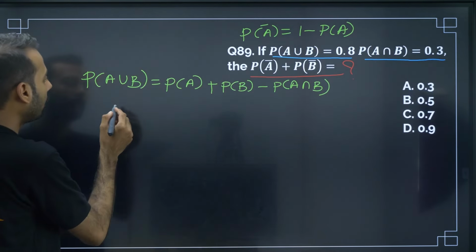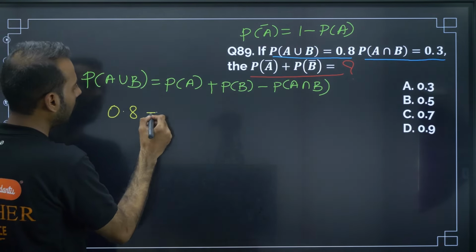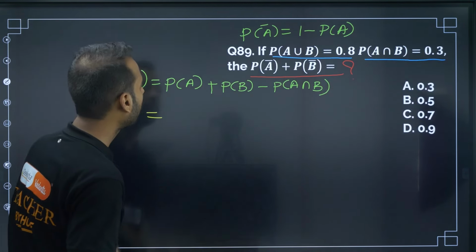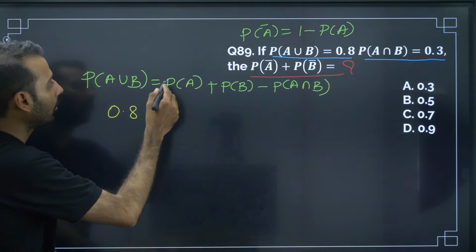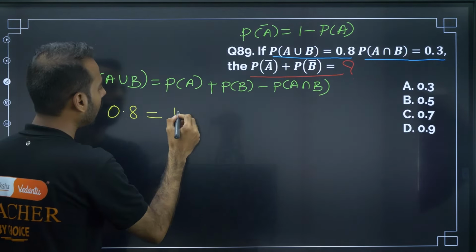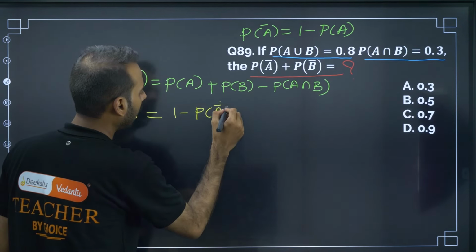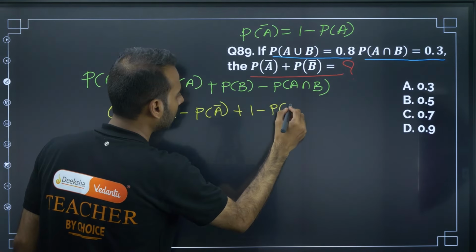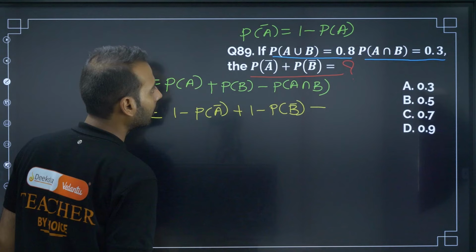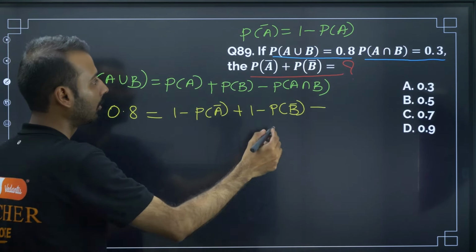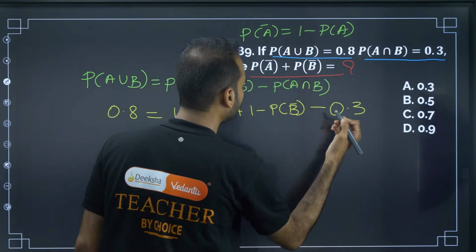P of A union B is 0.8, which is equal to P of A plus P of B minus P of A intersection B. We don't want P of A, we want P of A dash. For that I will write 1 minus P of A dash plus 1 minus P of B dash minus P of A intersection B, which is 0.3.